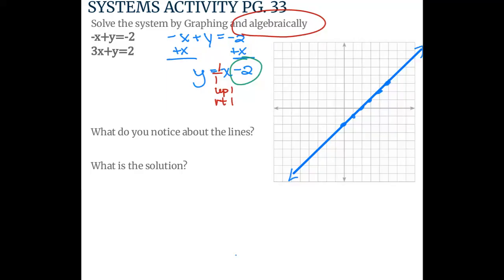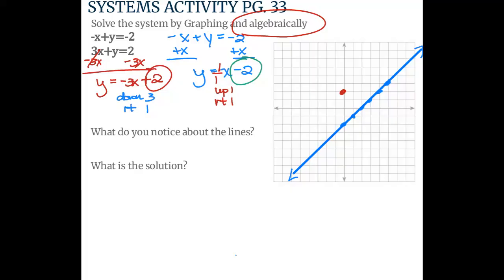And the next one, we have 3x. I can leave that there. Subtract 3x, and y is equal to negative 3x plus 2. That means I am starting at 2 for my y-intercept, and going negative 3, that is down 3, and to the right 1.